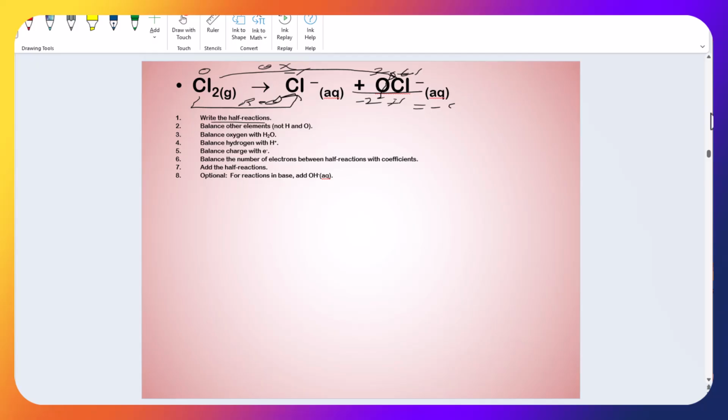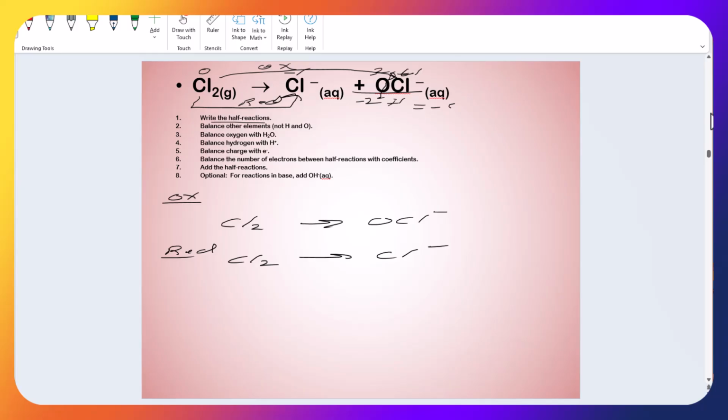It lost electrons, so that's a positive oxidation state. So here we have our oxidation half reaction, Cl2 going to OCl minus, and then the reduction half reaction, that's going to be Cl2, and that's going to Cl minus.